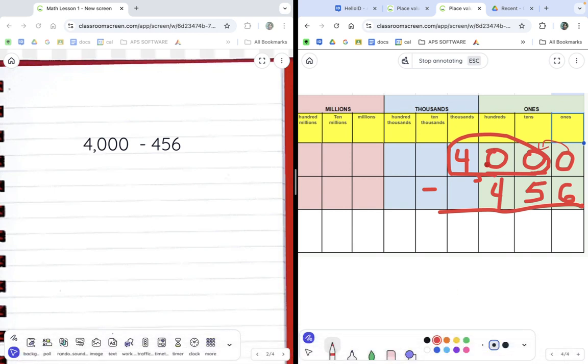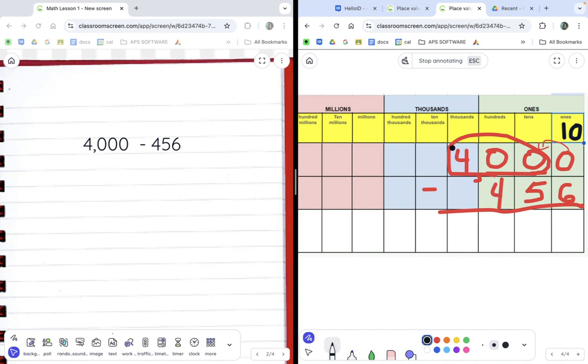So if we take away 1 from 400, the 0 over here, we're going to rename it. It's going to turn into 10 because we're going to take away 1/10 from this 400.